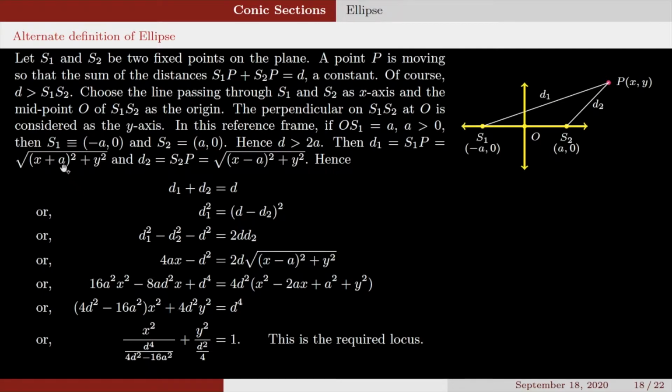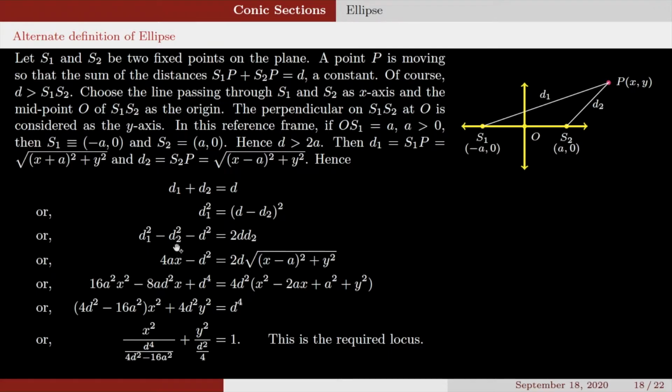What is D1 squared? This is your (x, y), this is your (a, 0). So D1 is the square root of (x plus a) whole squared plus y squared. So D1 squared will be (x plus a) whole squared plus y squared. Similarly, D2 squared will be (x minus a) whole squared plus y squared.